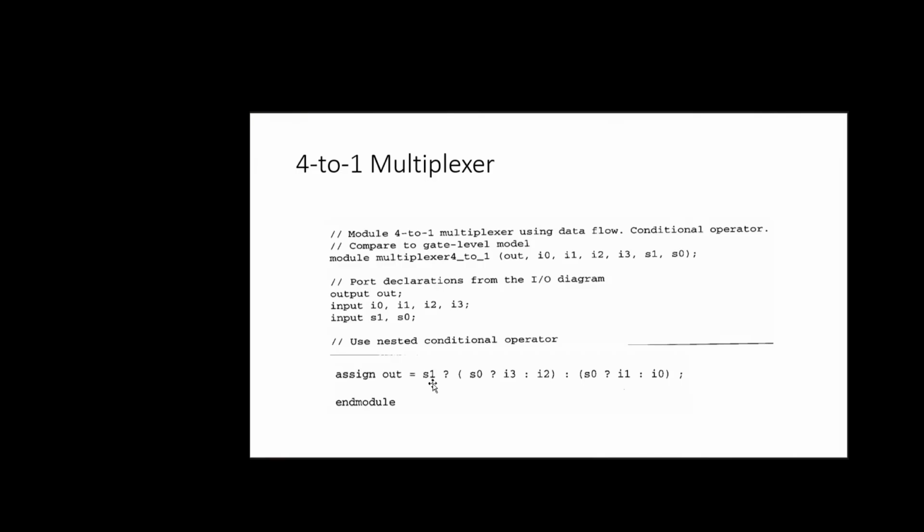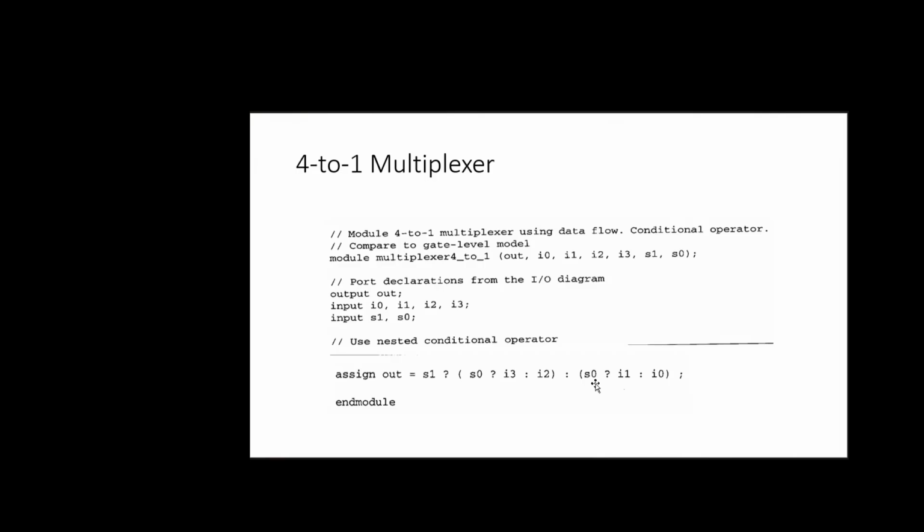Then, when S1 equals 0, the part after this colon comes into picture. When S1 is not true, meaning false, it takes the value 0. Now again there is a question mark here, and before the question mark is a condition. S0 may take the value 0 or 1. If S0 equals 1, then I1 will be assigned to out.